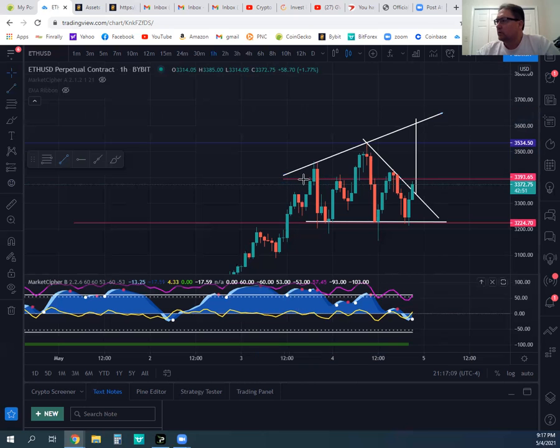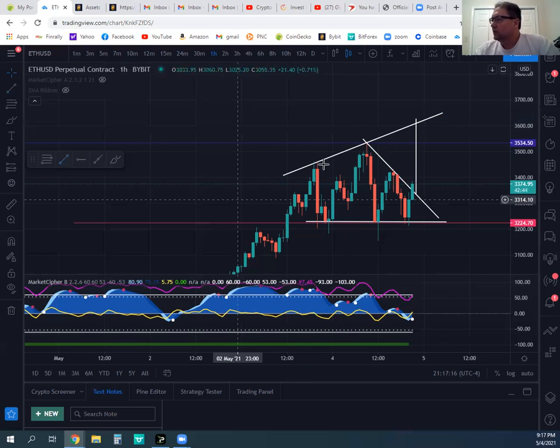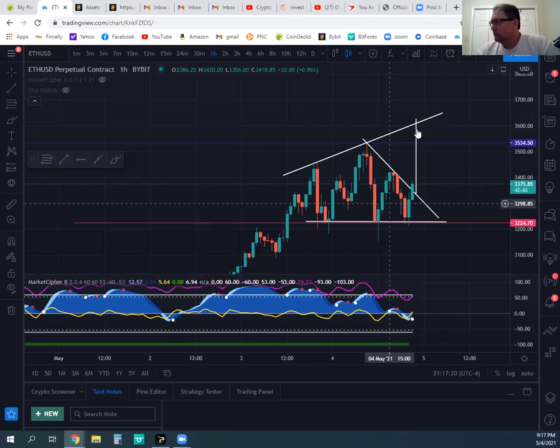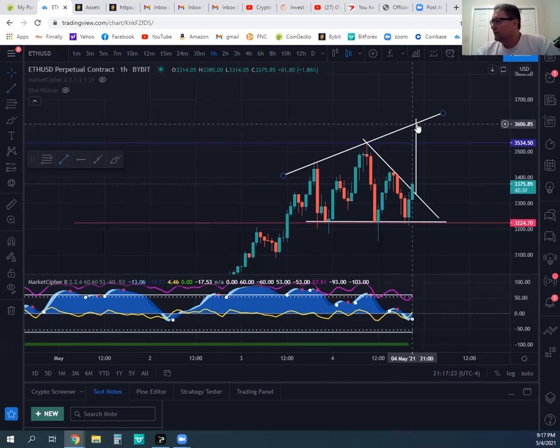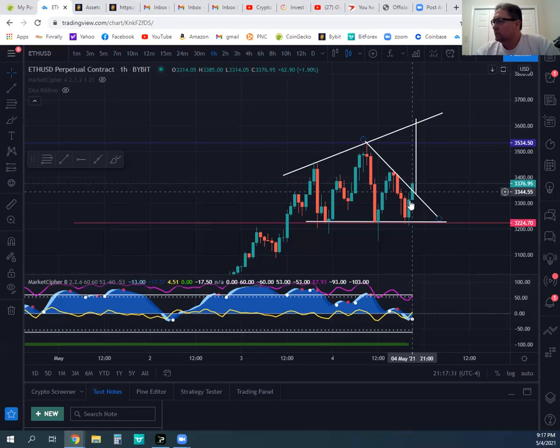That one we can delete. That's not supposed to be there. On top of this trend, roughly in the neighborhood of about 3,600 would be the target for this breakout. I would look at that. So there you have it. That's Ethereum.